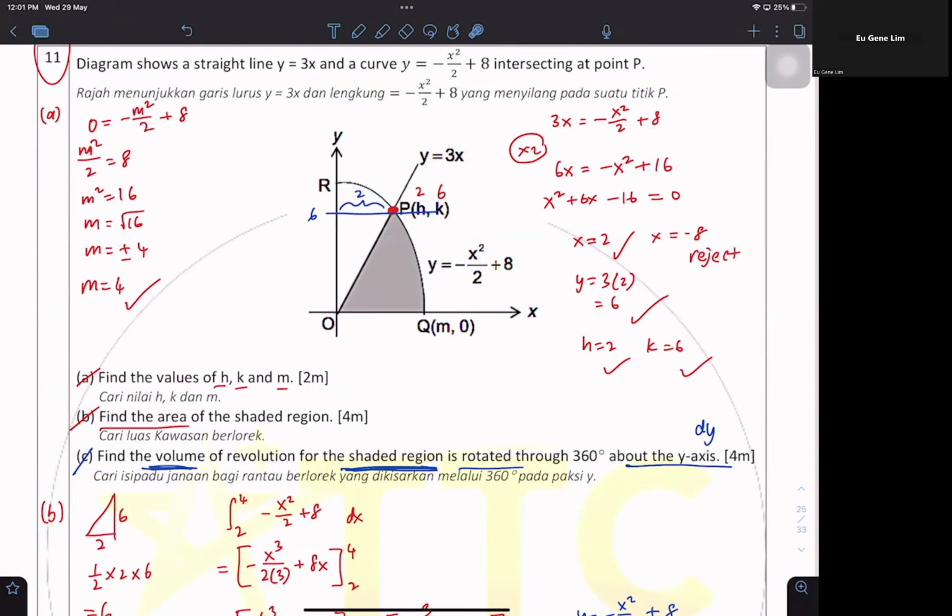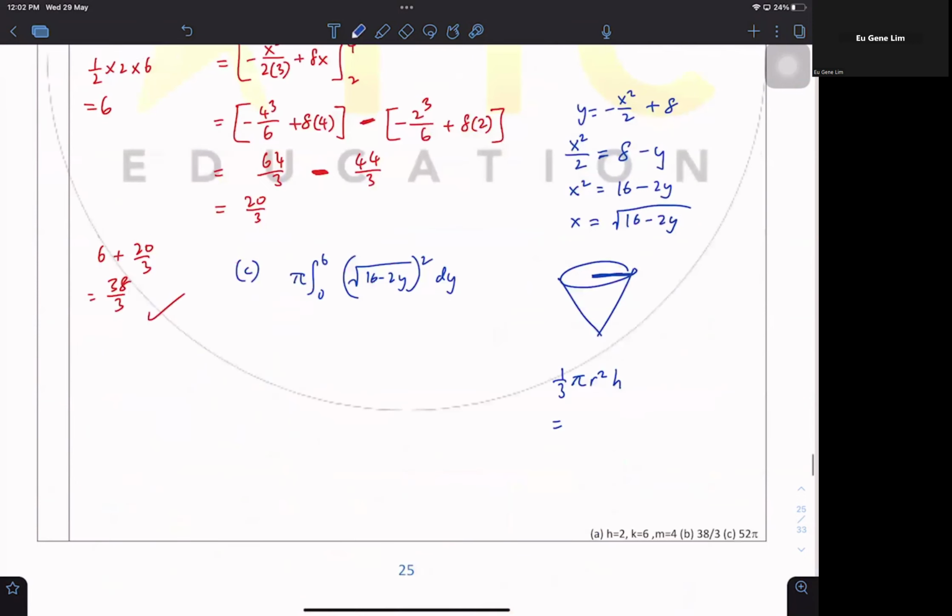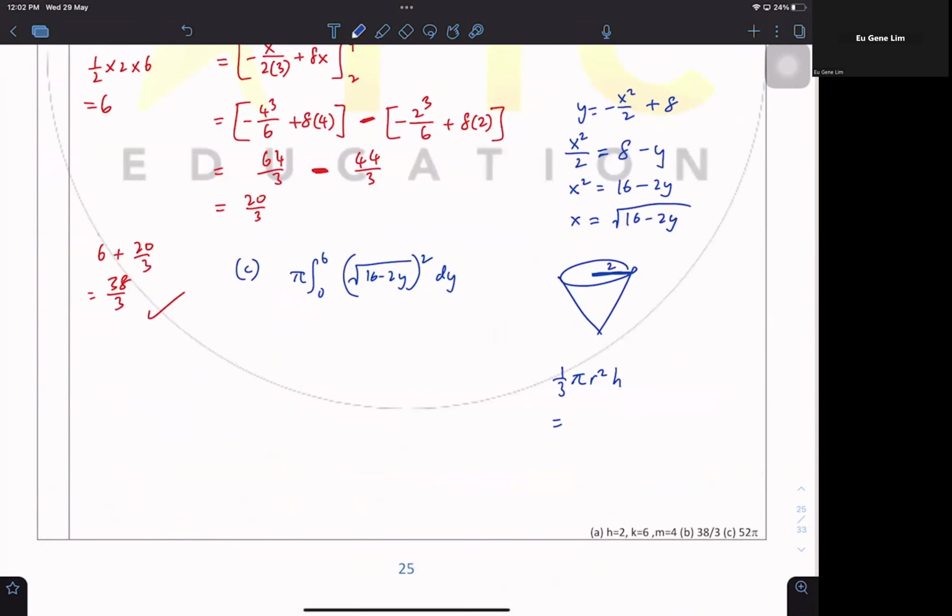You can imagine it. Then what is the height of the cone? 6, which is this point. So the radius is 2, the height is 6.